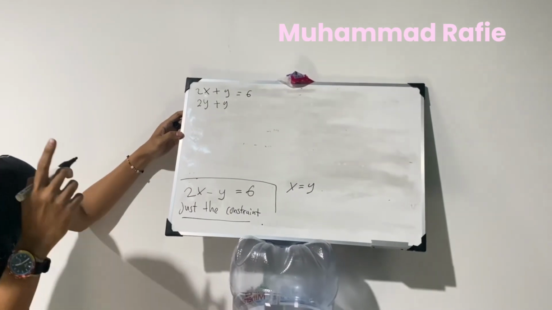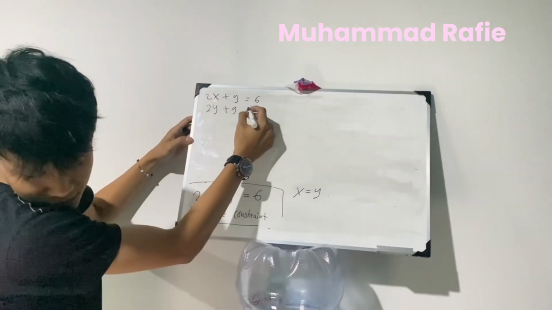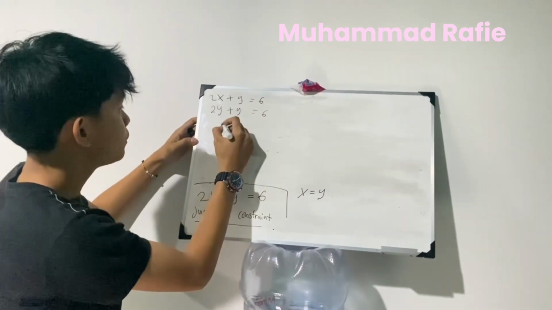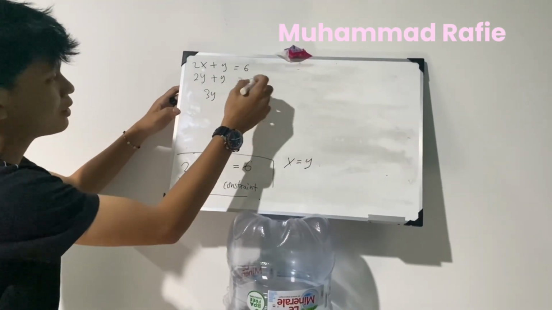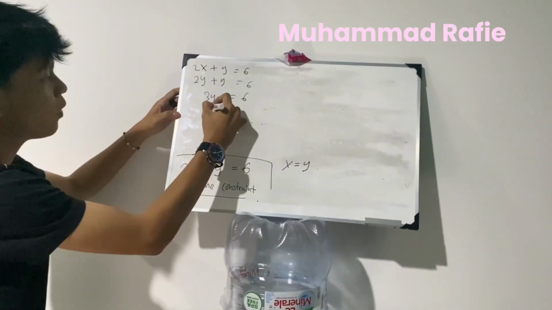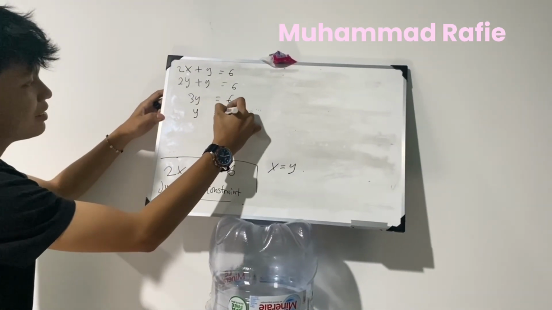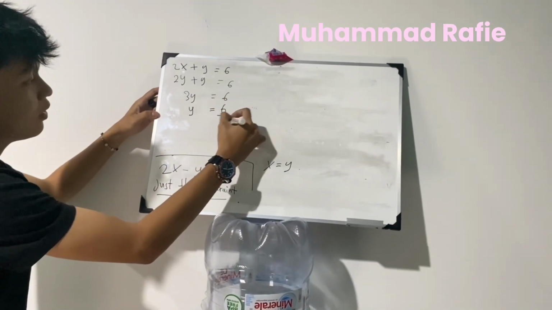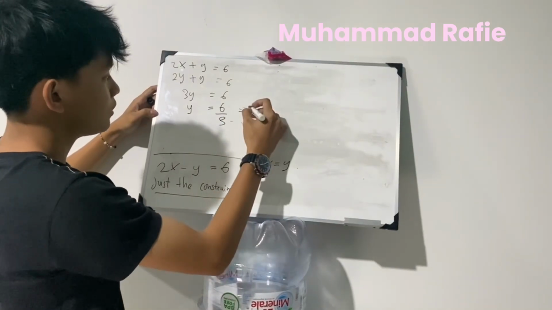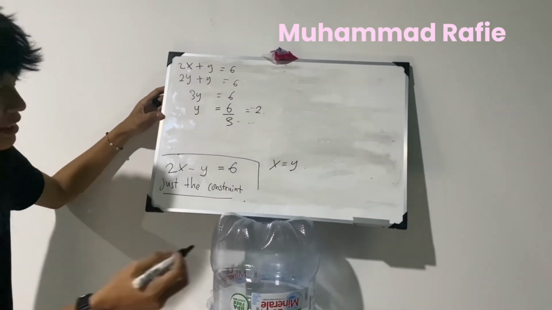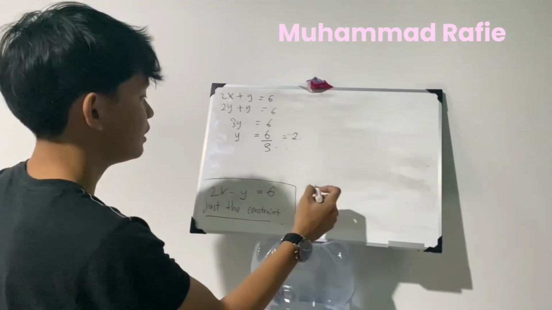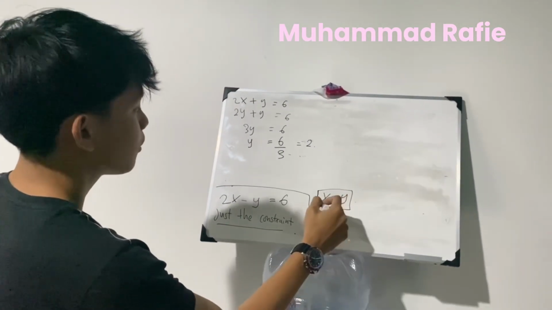So 2y plus y equals 6. So 3y equals 6, and y equals 6 over 3. So the result is 2. Now, as we saw before, x equals y.